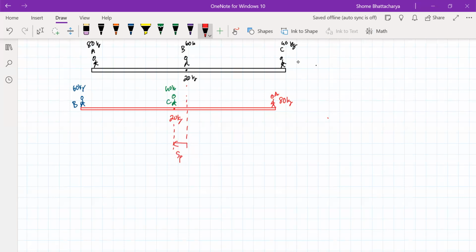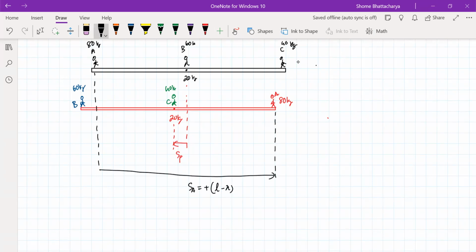Okay, so in comparison, now I can see what is E's displacement. E's displacement will be positive of L minus X. Let's say displacement of the plank is minus X like this. Now similarly, what will be C's displacement?